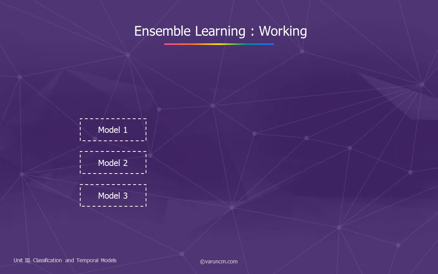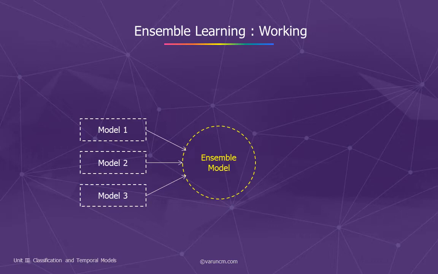Next is how this is working. Here you can see there are three machine learning models in my example: model 1, model 2 and model 3. The outcomes from these three machine learning models together form the ensemble model.